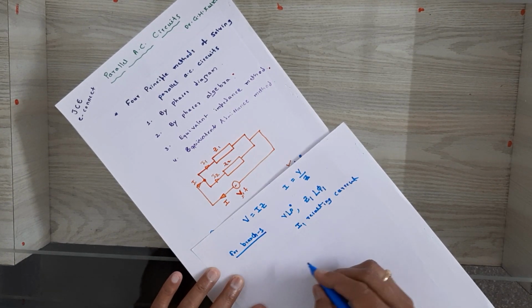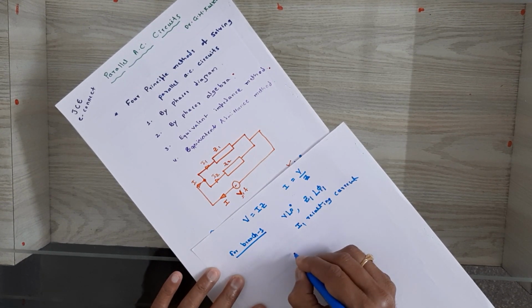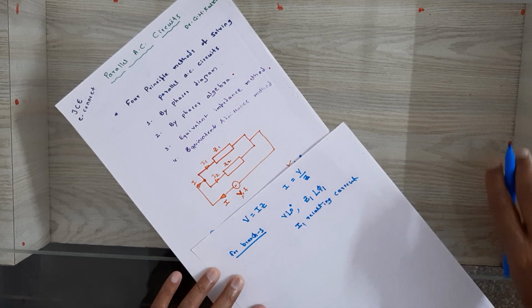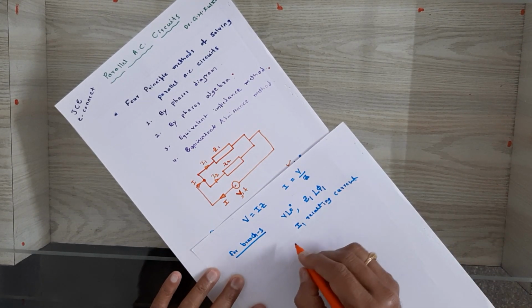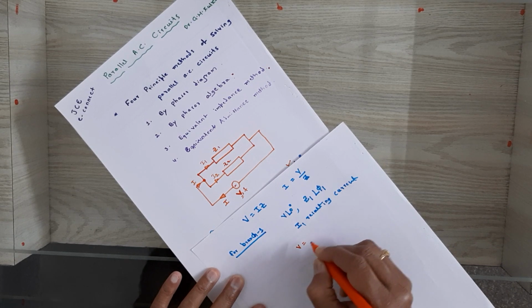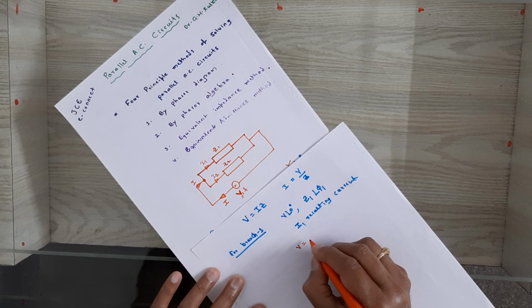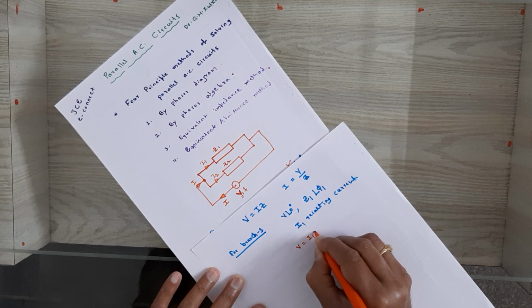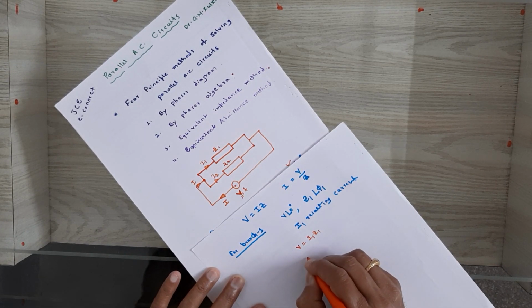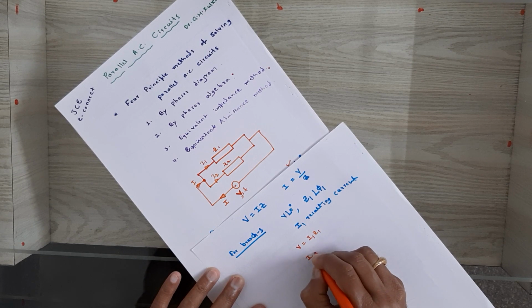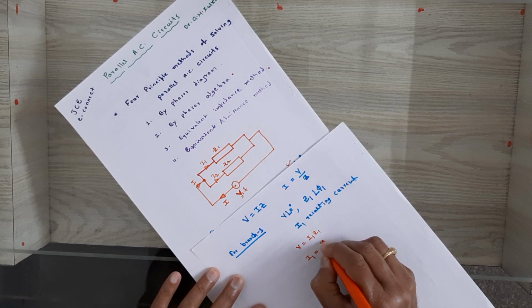How are we finding the current? The equation for branch 1 is V is equal to I1 Z1, or if I want the value of I1, I get V by Z1.